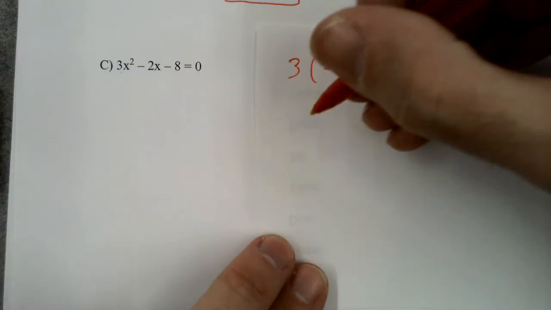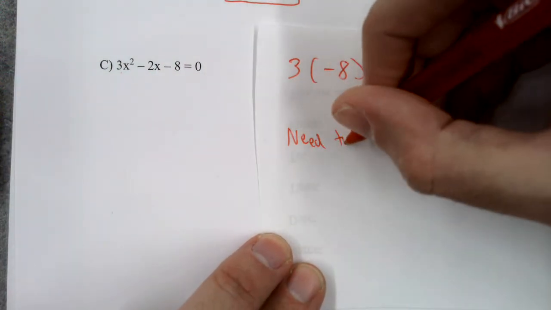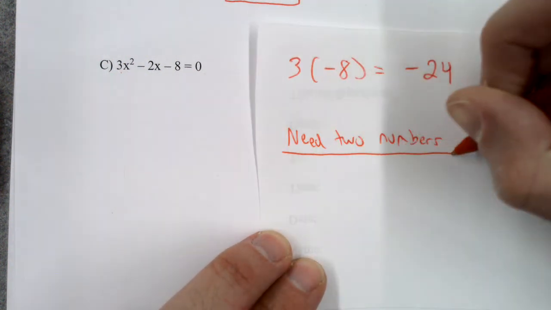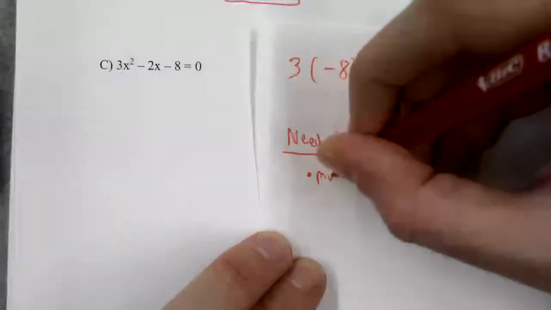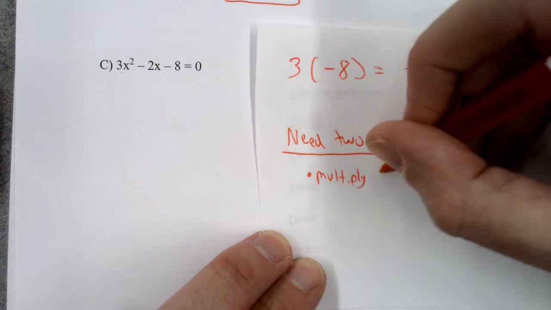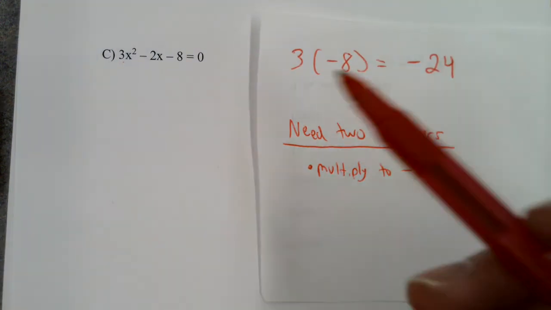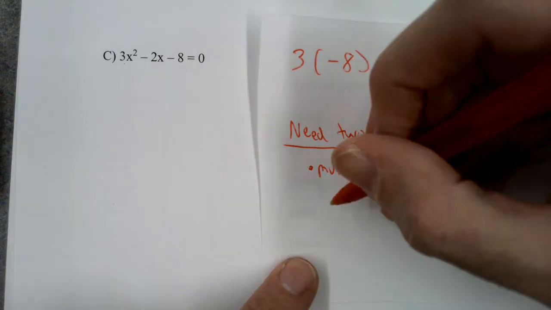So now you need two numbers. You have to multiply to that negative 24 we just got, and you have to add to this negative 2 in the middle right there.